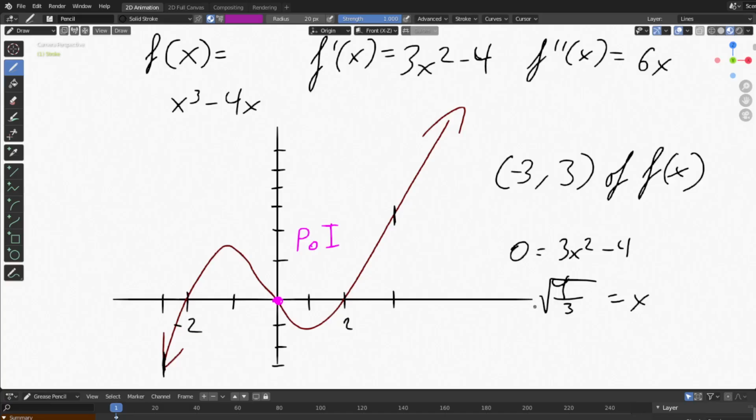Because this is a square root, this could be plus or minus. So at negative square root of 4 over 3, I guess, which is 2 over square root of 3, right?